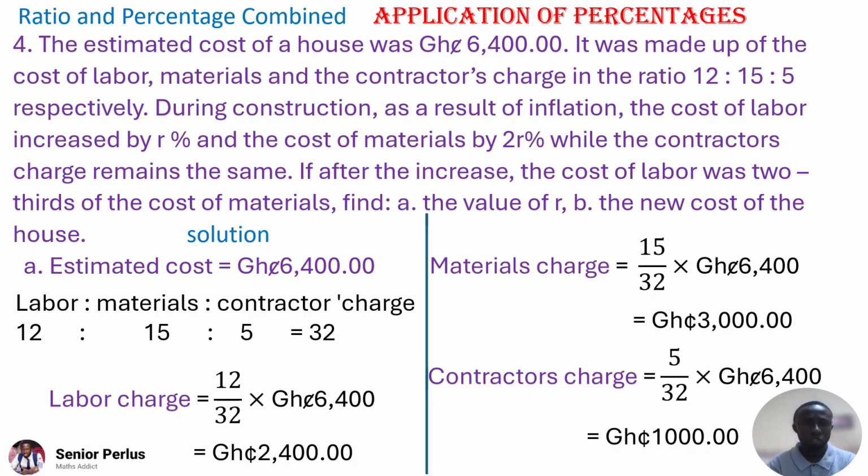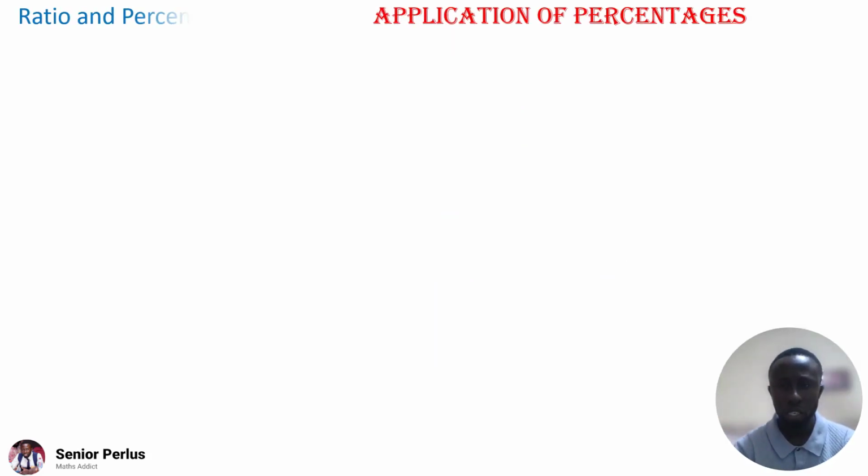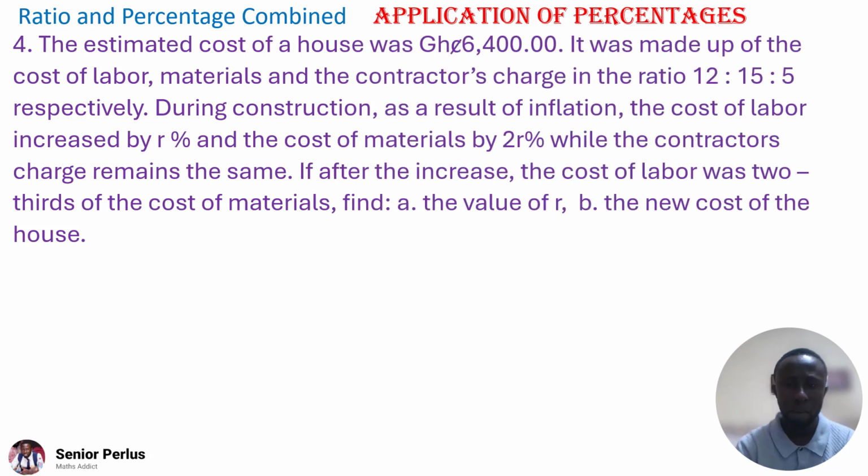Now during the construction, as a result of inflation, the cost of labor increased. Since we know the cost of each of them, labor, material, and the contractor, we can find the cost of labor increase.